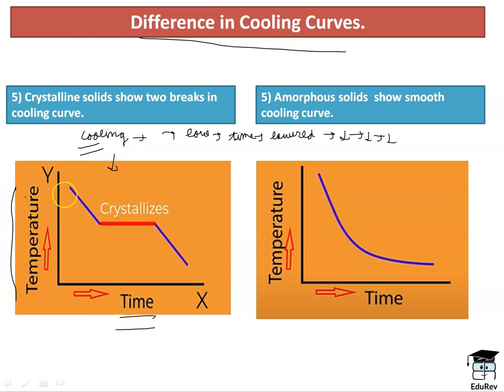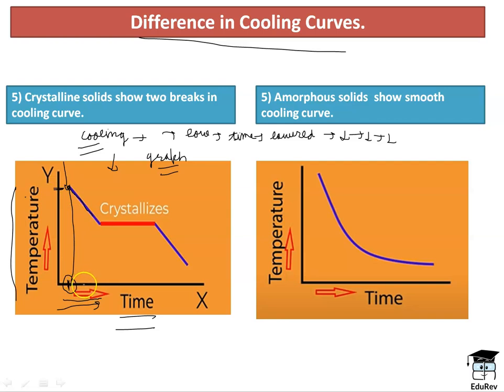Here is an example of a cooling curve. Let's understand the cooling curve with this graphical representation. Cooling curve is basically a graphical representation only. So you see here, as the time is getting increased, the temperature is getting decreased. The graph is downwards. So at a particular time, suppose the temperature of a substance is this.